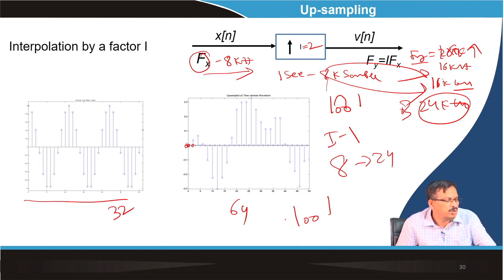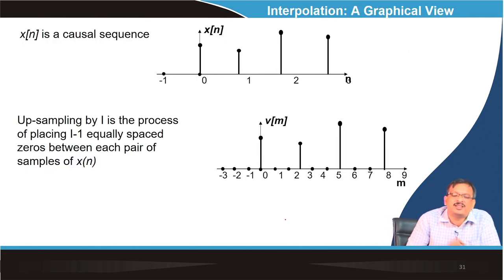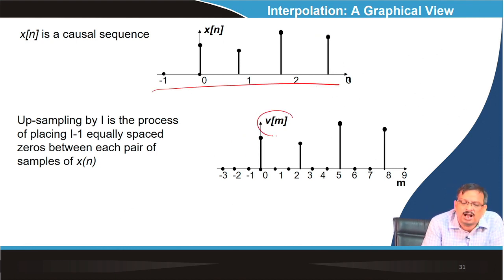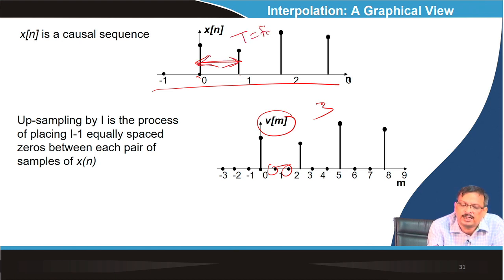Okay. So I know that upsampling means interpolation. If x[n] is the sequence and v[m] is the upsampled sequence by 3 times, then in between two samples I have to put two other samples. I know the distance between the two samples here is t equal to 1 by fx. But here the distance between two samples, this is also a sample, this is also a sample, so this is my ty.